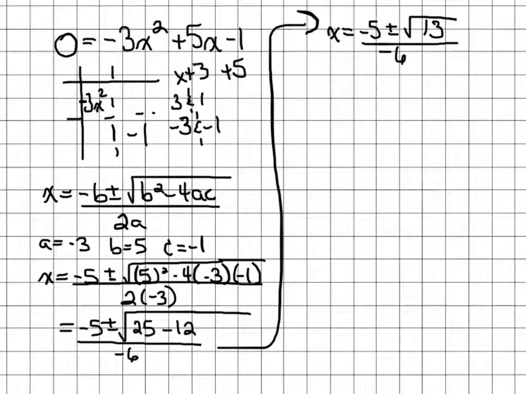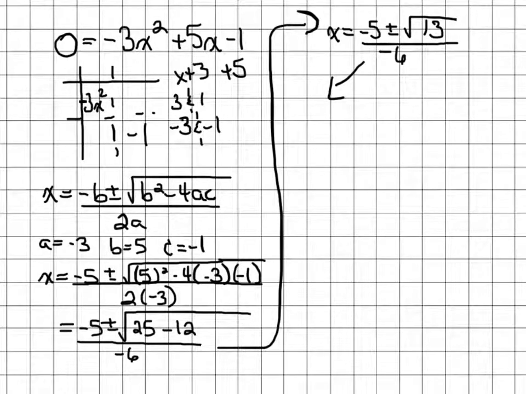Again, as I mentioned before, this is the exact value. So there's two: minus 5 plus the root of 13, all divided by negative 6, and minus 5 minus the root of 13, all divided by negative 6. That's the exact value. Now to find the approximate value, we're going to solve these.